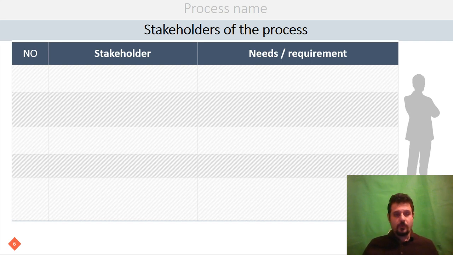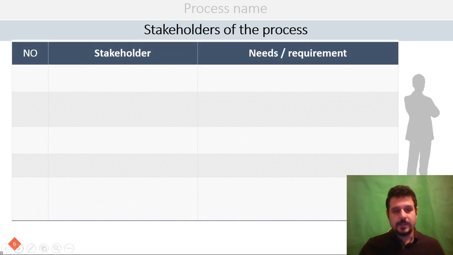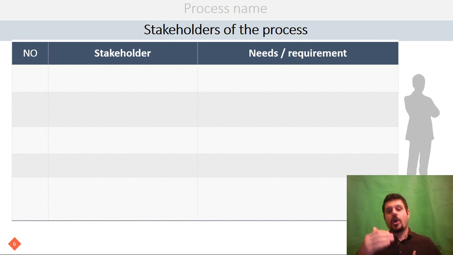So it's my need. I'm a stakeholder here as a purchase expert, and we should write our needs here. Or for example, another stakeholder here is the requester. What do they need, what do they want to receive? They need, for example, goods delivered as soon as possible, or the quality of goods is very important for them. So we should write their needs here.